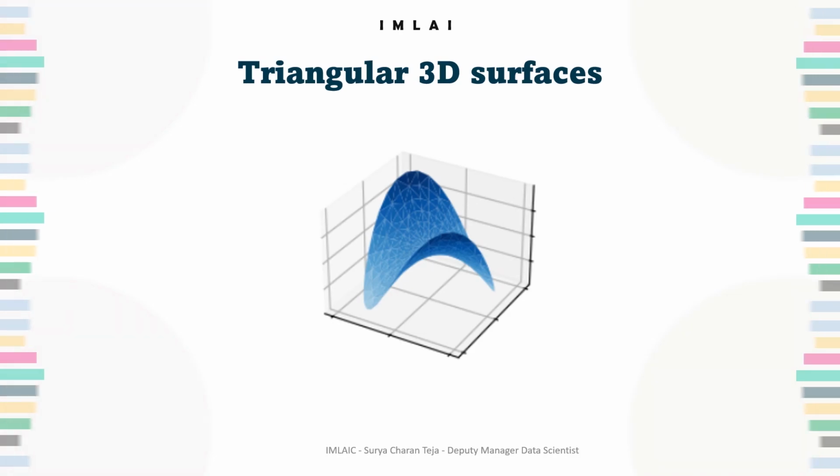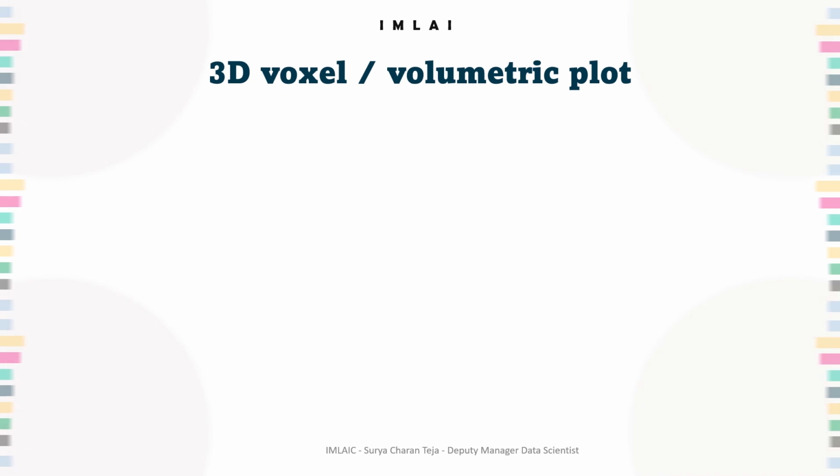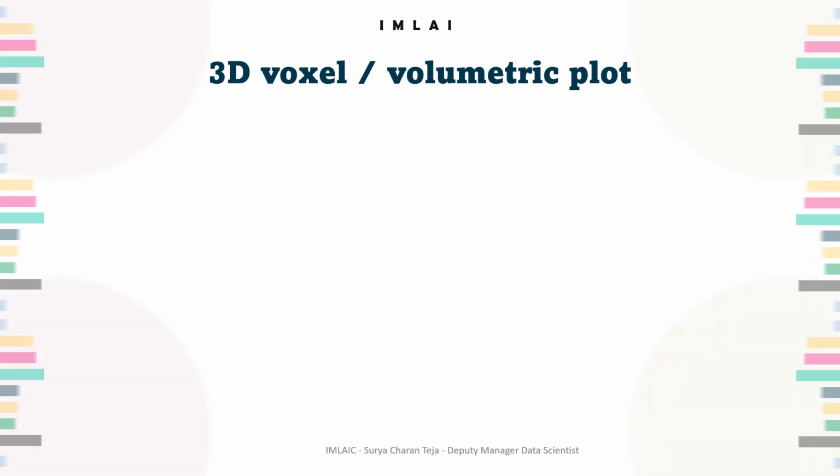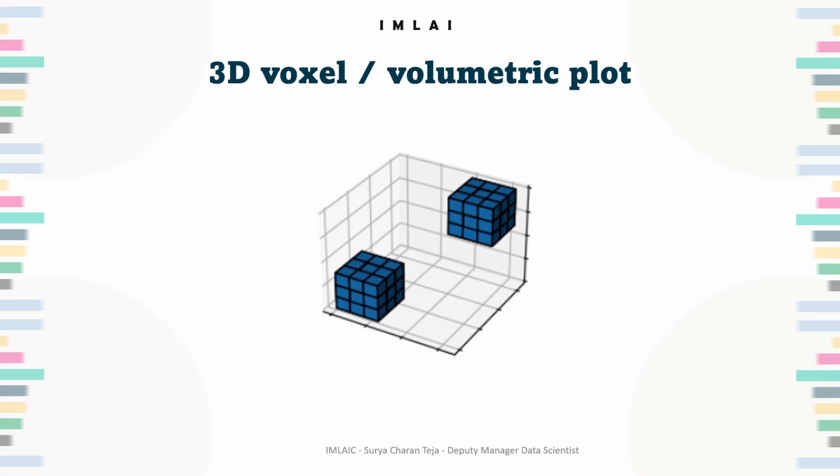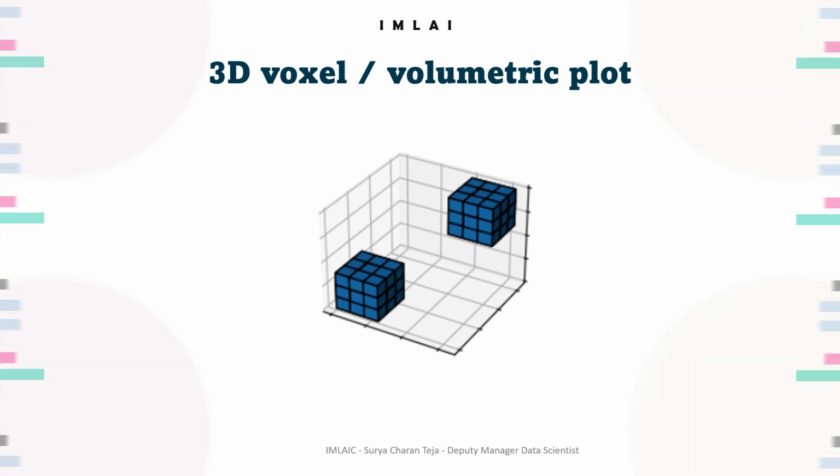So now let's look into the more fun plot, that is 3D voxel or volumetric plot. In 3D computer graphics, a voxel represents a value on a regular grid in three-dimensional space. We can say a voxel is a 3D equivalent of a pixel that is used in 2D.